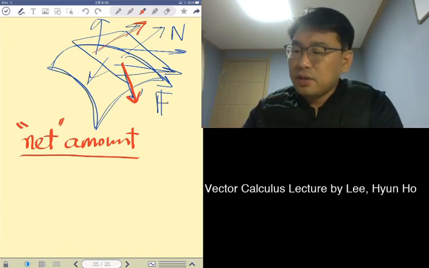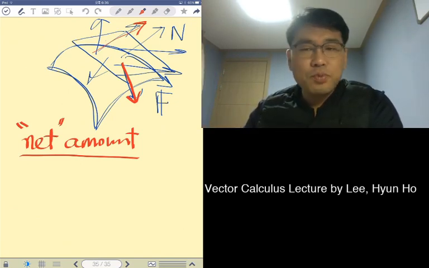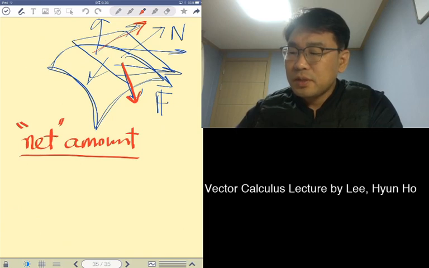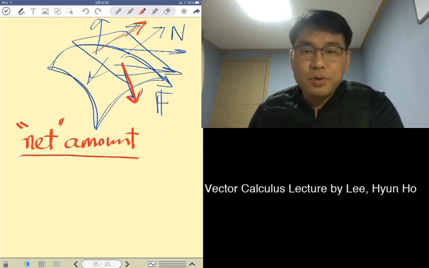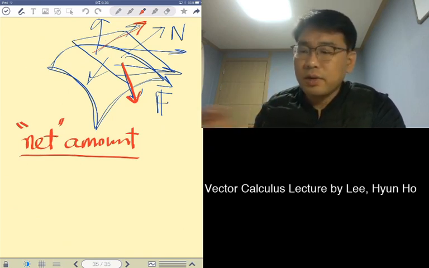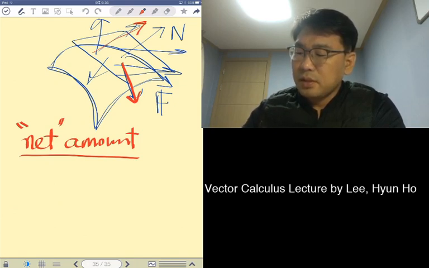So every vector is decomposed into a normal component and an orthogonal component, which is orthogonal to the normal, right? So this component is what we need, right?